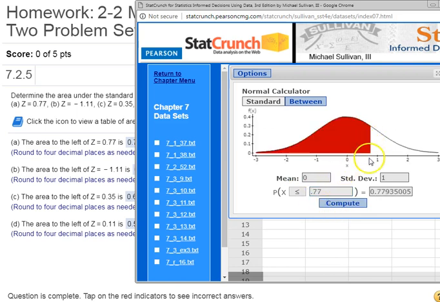It gives you a visual illustration of what that means. One standard deviation above the mean would be right here, and we're only 0.77 above the mean, so we're not quite to 1, but it's all the area to the left of that. The probability that a randomly chosen individual falls within that shaded region is this value right here.